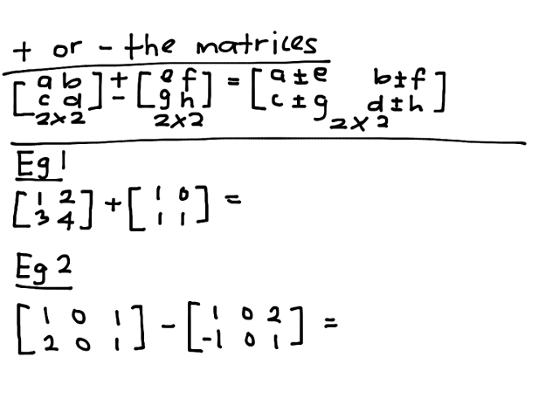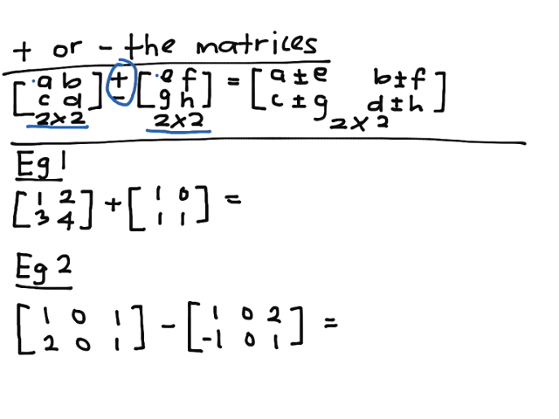We have A, B, C, D, which is a 2 by 2 size, and we want to plus or minus with another matrix. We can only plus or minus with a matrix of the same size, which is E, F, G, H. When we plus or minus, we need to plus or minus the values of each matrix at the same position.